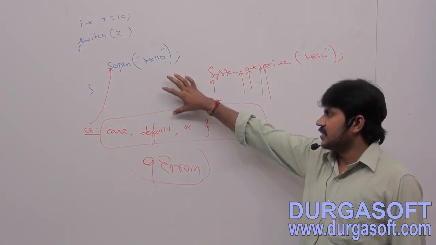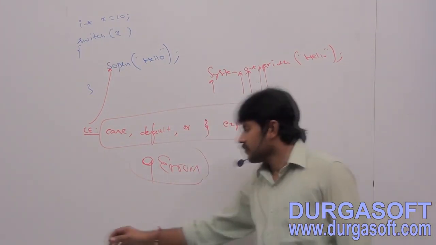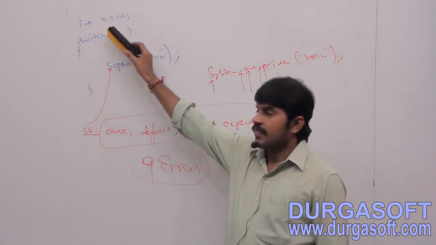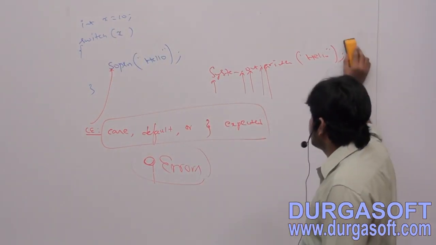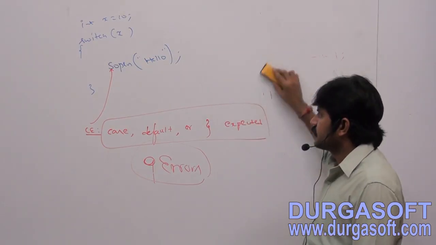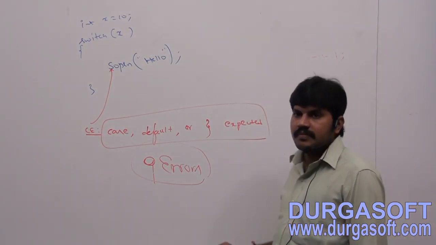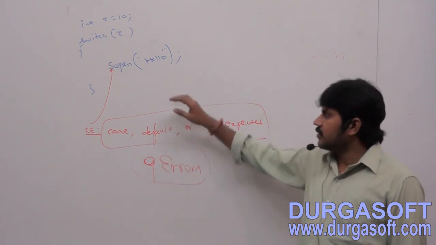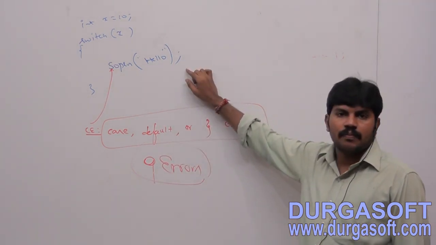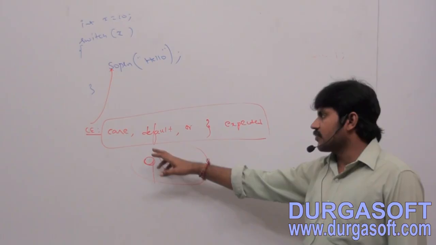Okay, take this example. int x is equal to 10. switch of x, SOP of hello. What compile time error are we getting?